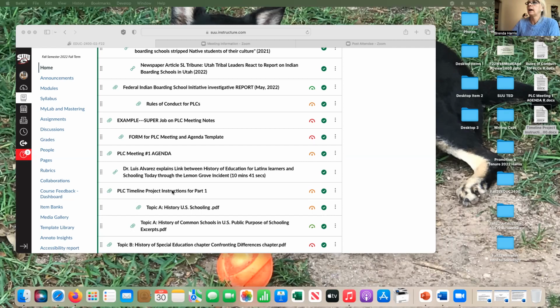And then you also have your instructions for what you're going to be working on for the first part of your timeline project. So you have 2 major assignments with your PLC groups. This is really critical because you cannot pass this course if you do not successfully complete the PLC group assignments.